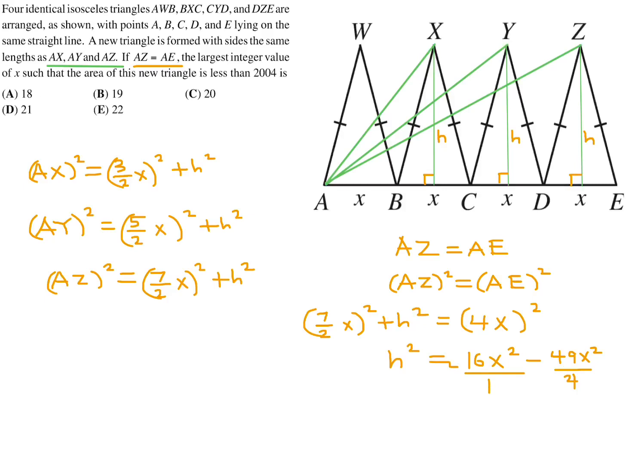So you just add this fraction here, and you get 64x squared minus 49x squared over 4. And this is, let's see here, 15x squared over 4. And that is h squared. All right? And therefore, we can now plug that back into each of these and get a value for each of those in terms of x only.